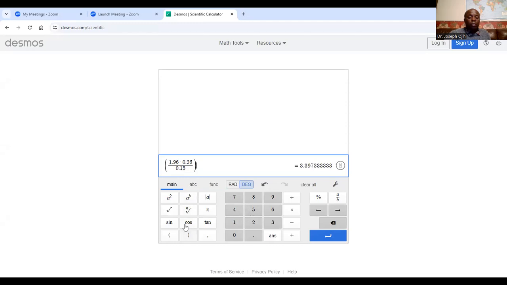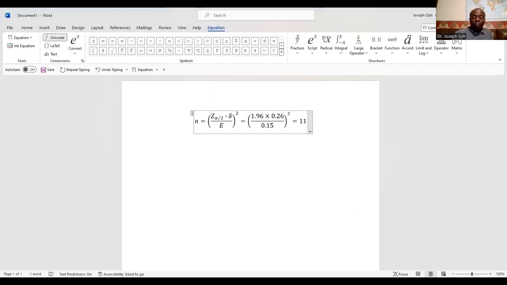You gotta square it. 11.54. It equals 11.54. Always round up to the next whole number, which is 12 pizzas. Samples. Pizzas.